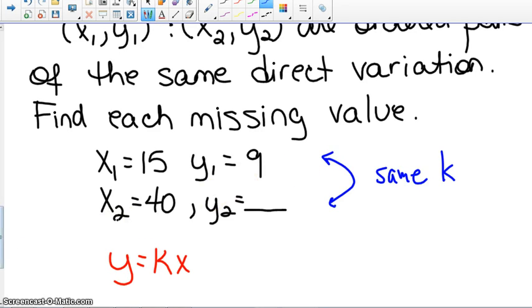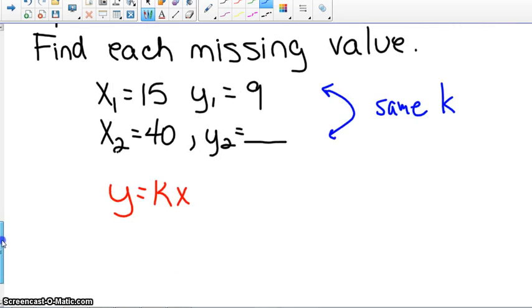So now in the first one, in the X1, Y1, I have both of the coordinates, so I could find K. The strategy then becomes, if I know this K, then I will know the K for the next point, and then I will be able to solve for Y even with just one point.